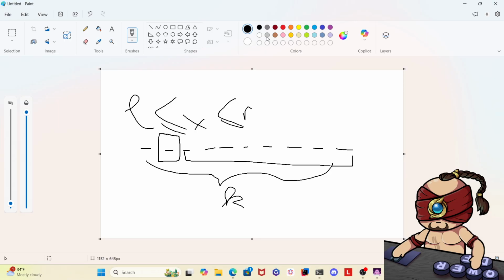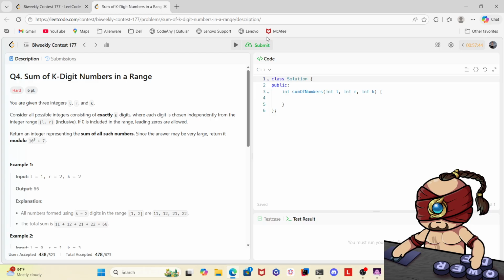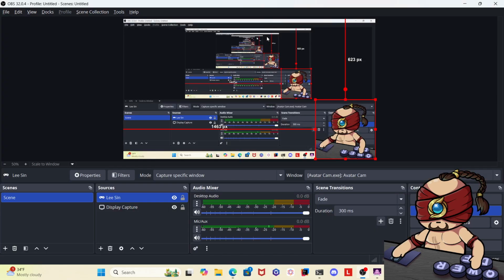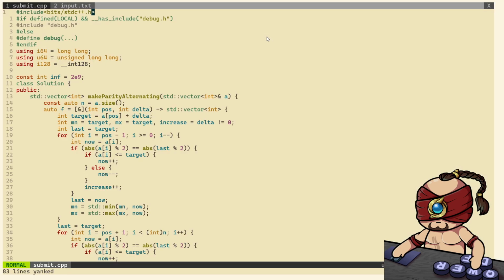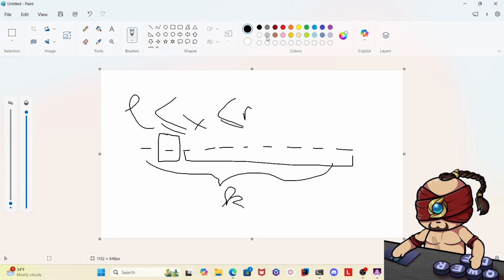Sum of the allowed digits. So like this.